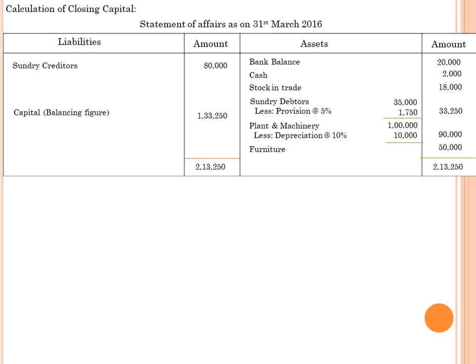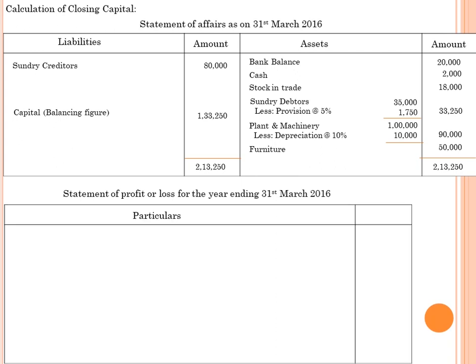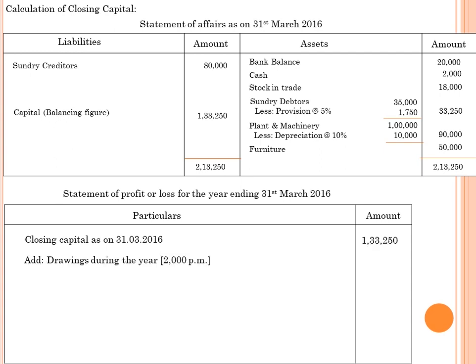Now you have both values, opening as well as closing. So next, finally we are going to prepare the statement showing profit or loss for the year ending 31st March 2016. Divide into two columns, particulars and amount, and start with the closing capital: 1,33,250. Add drawings. 2,000 per month is given, 2,000 into 12, how much? 24,000.